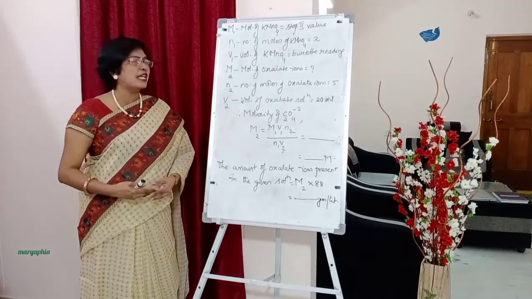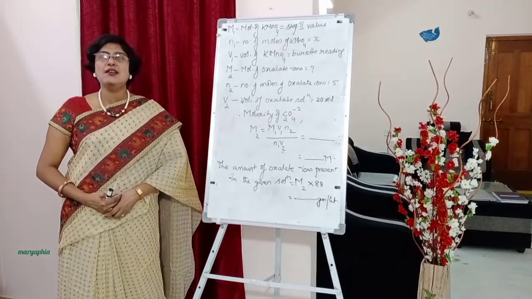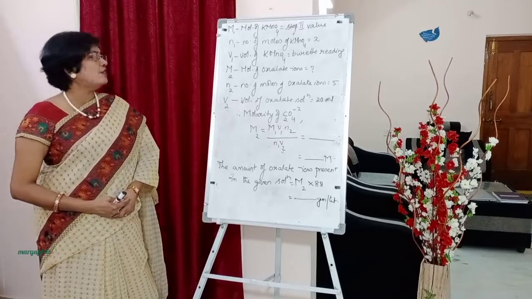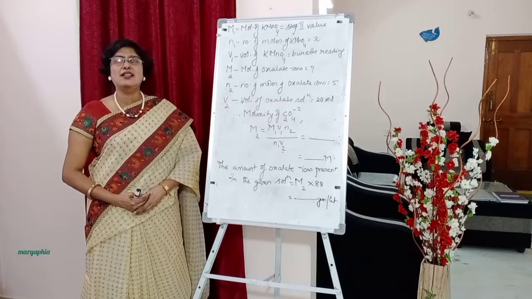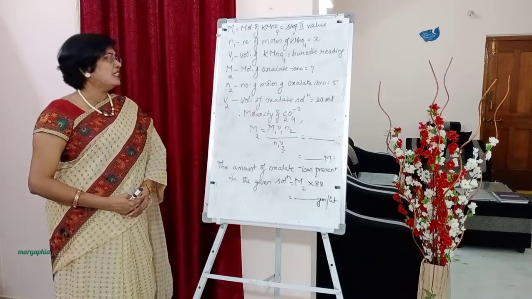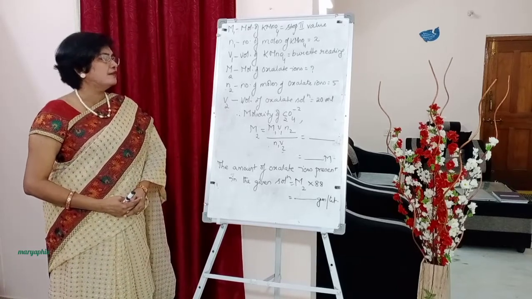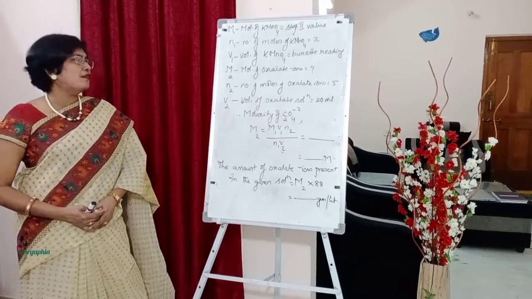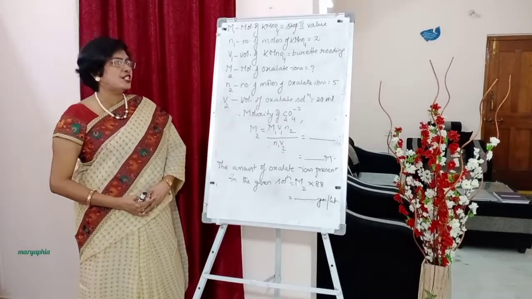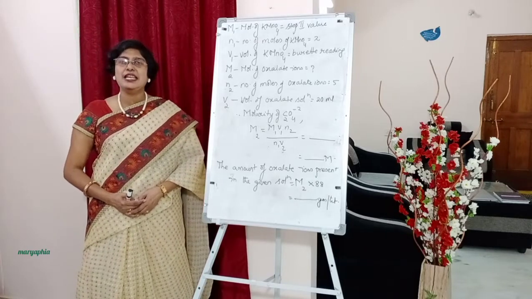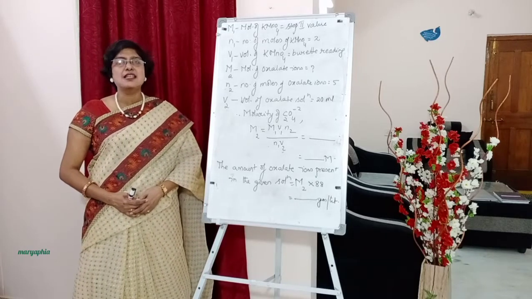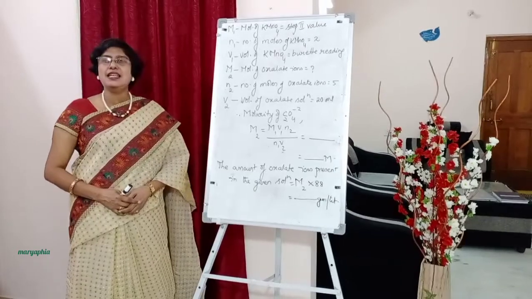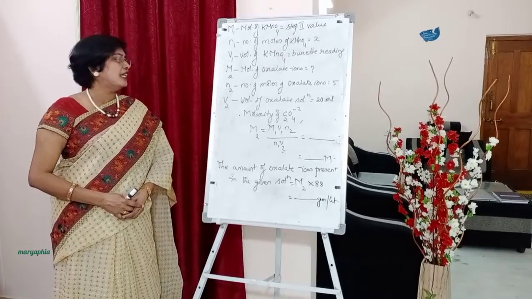Next, M2, molarity of oxalate ions, which is to be calculated. Next, N2, number of moles of oxalate ions. From the reaction, it is equal to 5. Next, V2, volume of oxalate ion solution which we have taken into the conical flask, that is 20 ml. Okay. So what is to be calculated? M2 is to be calculated.